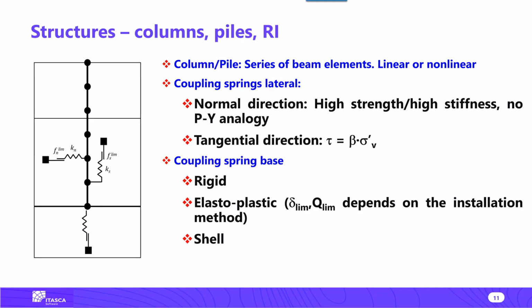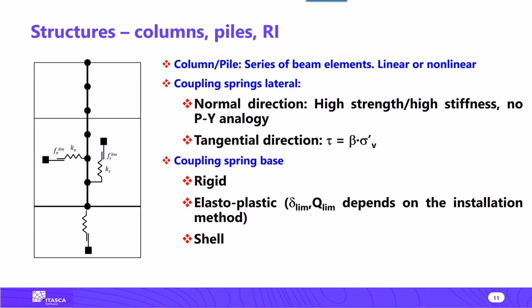So these are beam elements essentially, and those are contact elements. It is important to make a distinction because this is a question that comes up all the time. Those contact elements in the horizontal direction are not a PY analogy. They are not analogous to a PY curve. The reason is that in our numerical model, we have the soil zones modeled explicitly.